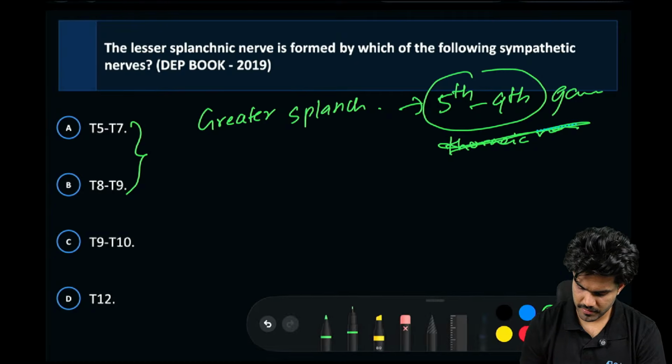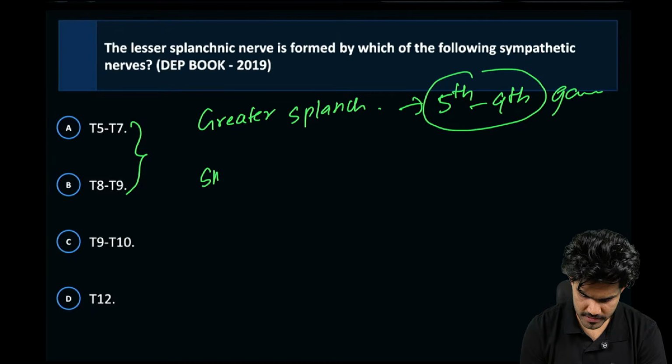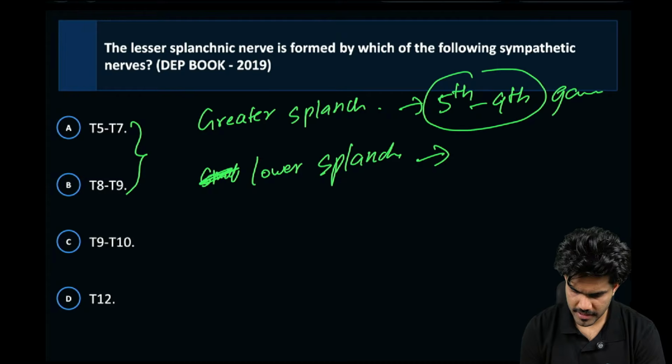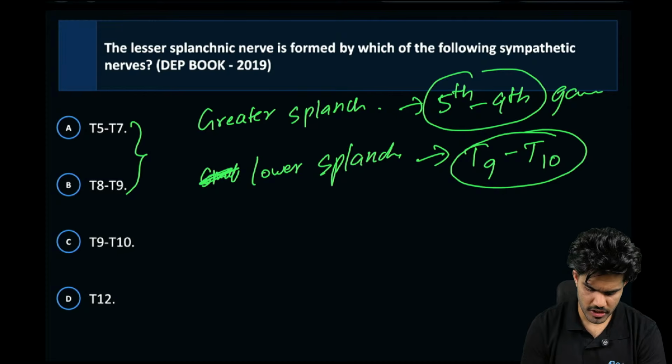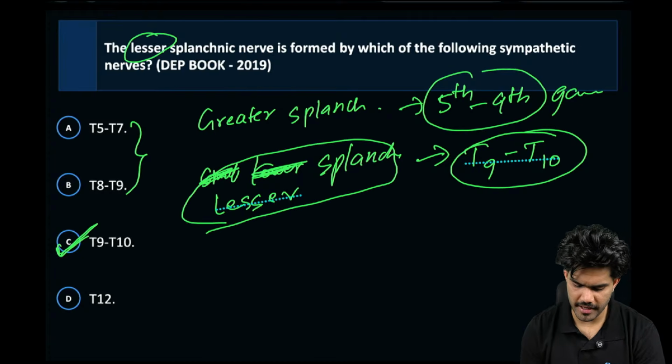Lesser splanchnic should be from T9 to T10.